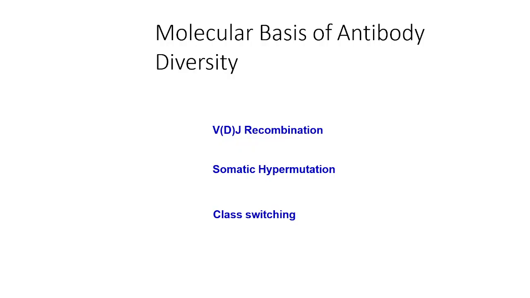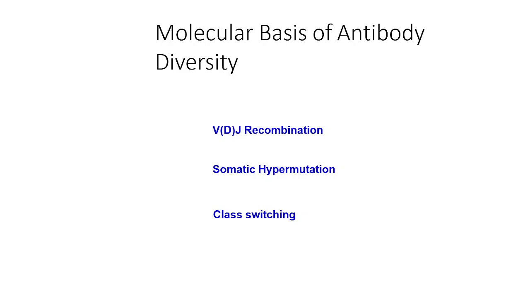But apart from this VDJ recombination, there are two other types, that's somatic hypermutation and class switching. First, the primary mechanism that rearranges the gene segments to create a variety of unique antigen receptors is the VDJ recombination.